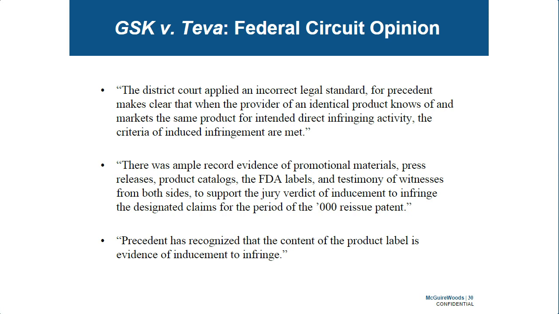So the court is saying, you look at the label, all right? The label promotes the CHF indication, and that is enough. You don't need some sort of actual evidence of inducement. That's not the law, all right?